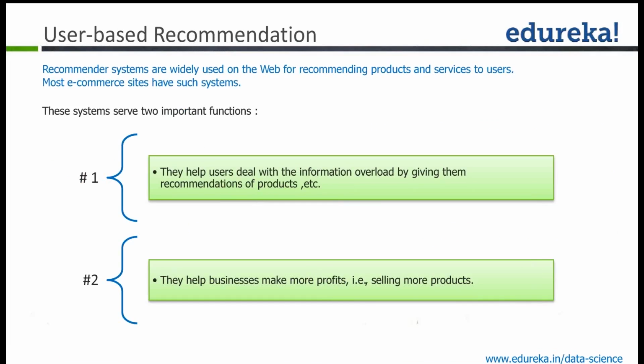If you just intuitively think about the recommendation problem, you can already come up with simple ways of doing it. Let's say we want to recommend some movies to Rajiv. How would you do it?